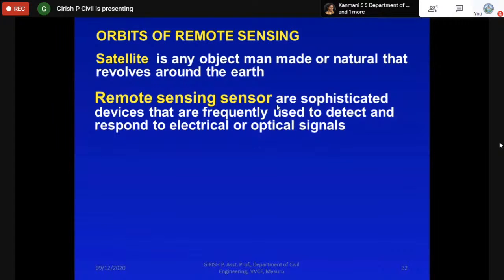That data is received at the receiving station. When you speak of remote sensing orbits, we have remote sensing sensors. Sensors are sophisticated devices that are frequently used to detect and respond to electrical or optical signals.